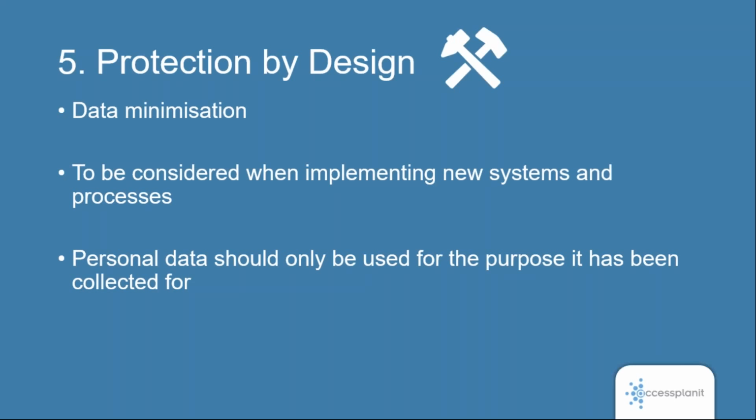So the fifth step in the process, protection by design. Again, hopefully fairly straightforward, really. There's a nice checklist on the ICO website about this, to get you thinking about it. So just have a read through those bits on the screen. It's really data minimization and also data retention we'll talk about here as well.